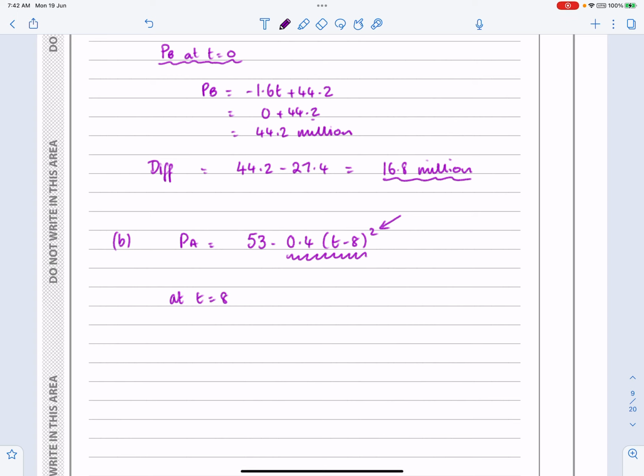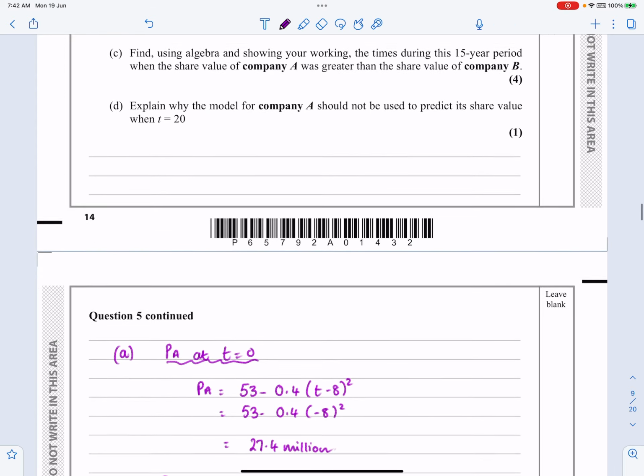At t equals 8, this bit will be equal to 0. So at t equals 8, PA is equal to 53 minus nothing, which is just 53 million. Only worth 1 mark because it's a really standard thing to do in completing the square questions.